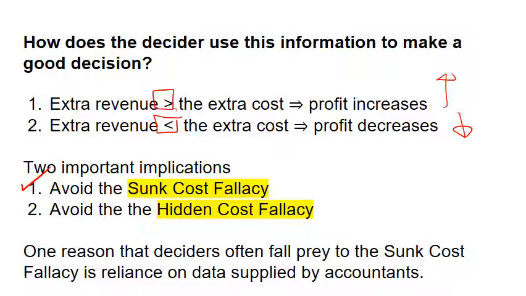Now, the sunk cost fallacy occurs when the decider bases its decision, at least at some point, on a cost that's fixed or sunk. Costs that do not vary with the decision are irrelevant to the decision.